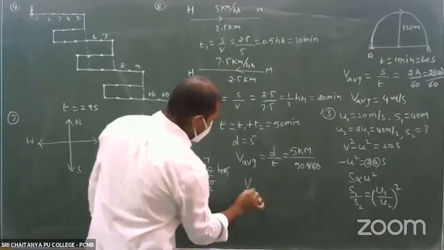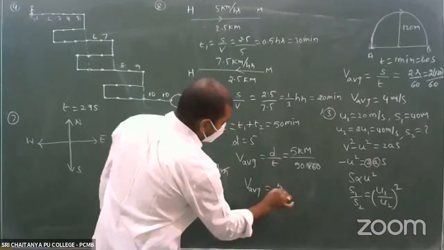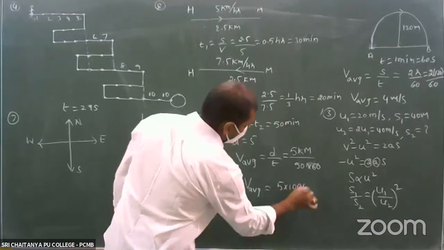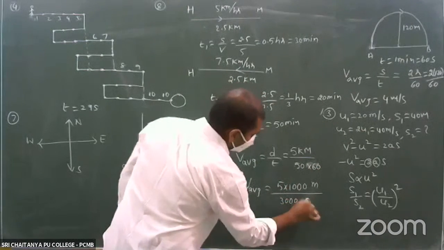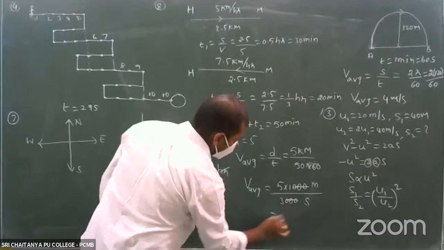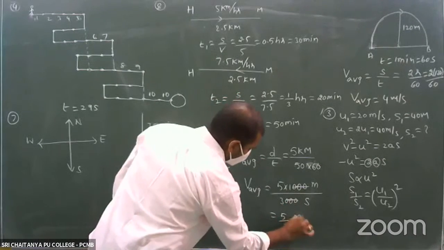Into 60. V average is equal to 5 kilometers, 5 into 1000 meters, divided by how much it is? 3000 seconds. 3 zeros, 3 zeros. That is what? 5 by 3 meter per second.